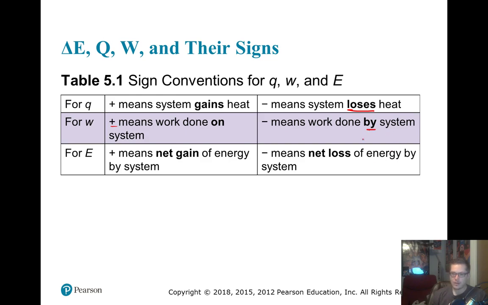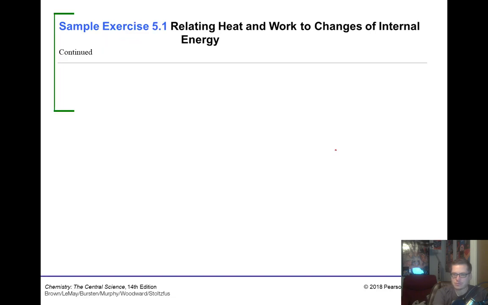For delta E, a positive delta E means we had a net gain of energy by the system. So whichever one was positive had a bigger magnitude than whichever one was negative, if they're mixed. A negative delta E means there's a net loss of energy by the system, so whichever one was negative had a bigger magnitude than whichever one was positive.